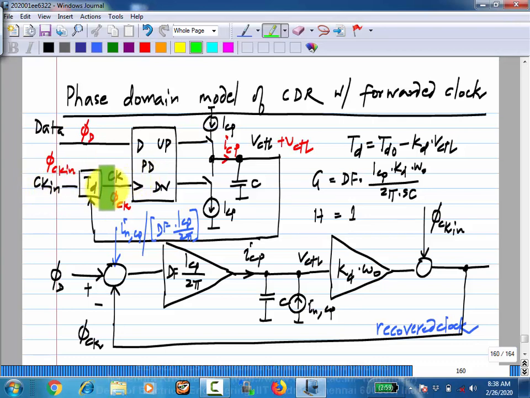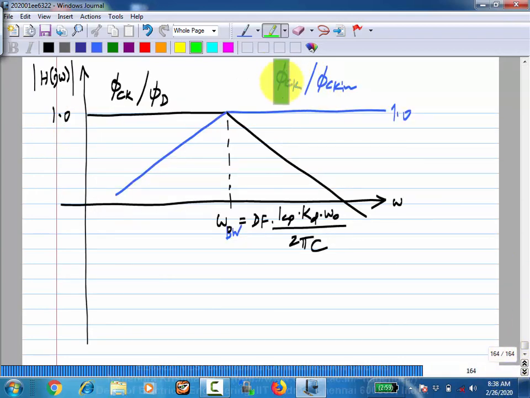But then in the next cycle the phase detector will sense that phase difference and correct it. So if this clock in is moving slowly, it can correct this clock, and it will be brought back to the middle of the data period. So that's the meaning of it. Now what is the DC gain of this function phi ck by phi ck in?